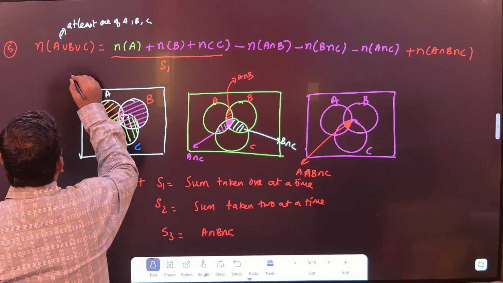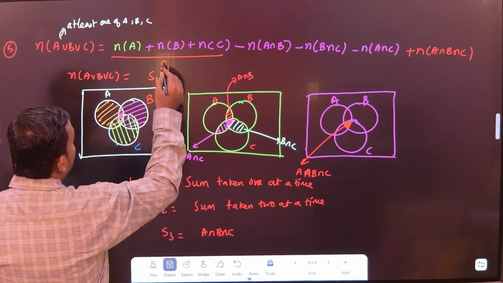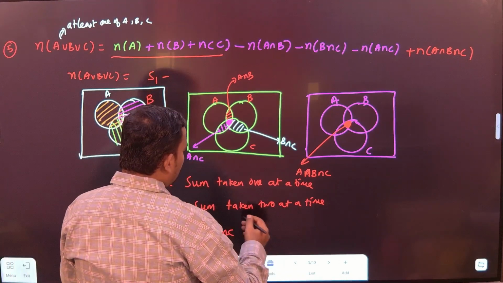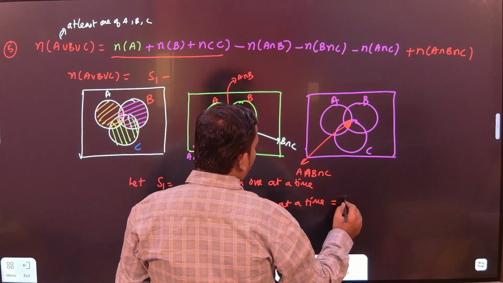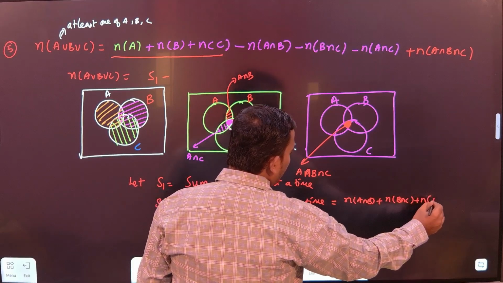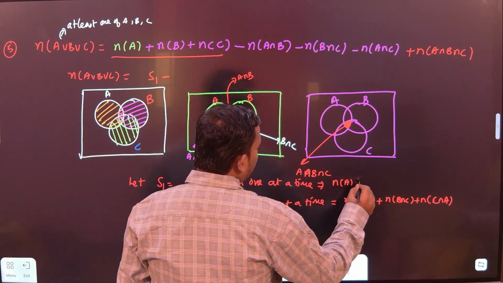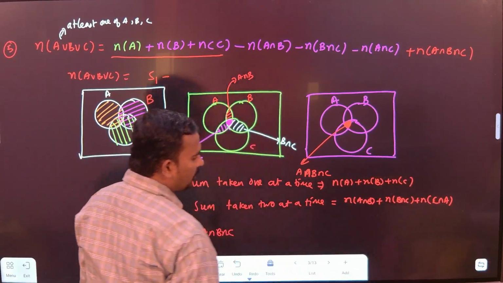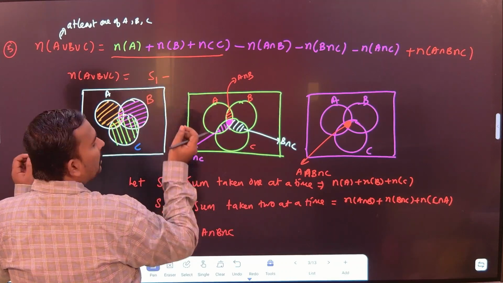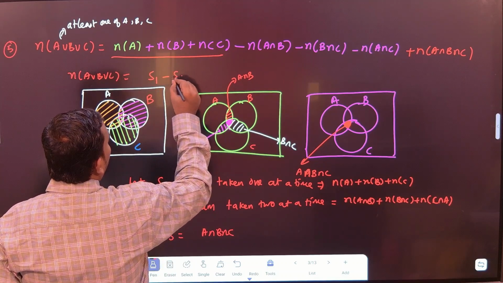Then how to write? n of A union B union C you can write as S1 minus S2 plus S3. S1 is n of A plus n of B plus n of C, taken one at a time. S2 is the sum taken two at a time: n of A intersection B plus n of B intersection C plus n of C intersection A. You add S1, subtract S2, and add S3.